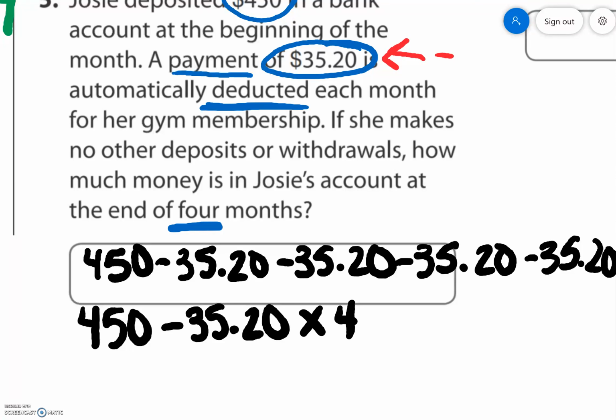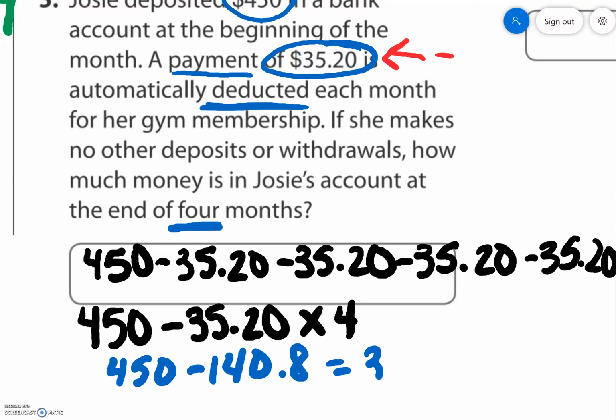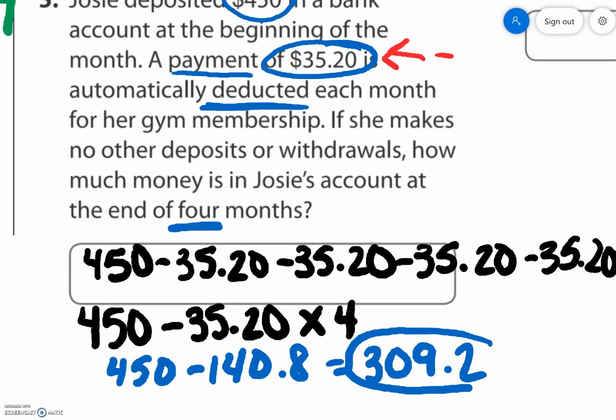Well, if we follow PEMDAS, we're going to do our multiplication before our subtraction. So I do 35.20 times 4. So I have 450 minus 140.8 to give me 309.2. So this is how much money she has left in her account after 4 months.